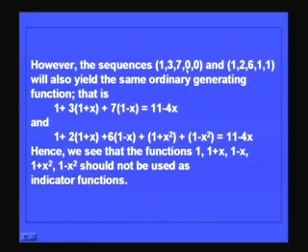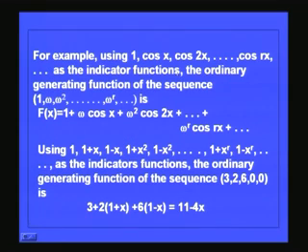Let us see what you will get here. 1 plus 3 into 1 plus x plus 7 into 1 minus x. This will reduce to 1 plus 3 plus 7, 11, and 3x minus 7x will give you minus 4x. So you are getting the same 11 minus 4x, and it is representing this particular sequence as well as the earlier sequence. It also represents another sequence.